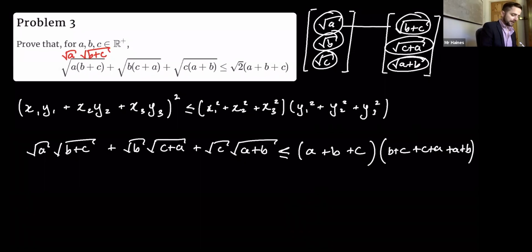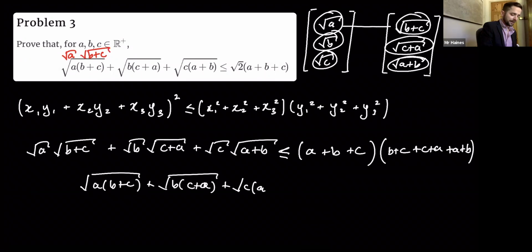Now we'll simplify the left side. We can put the roots together, so it's root A times B plus C, plus root B times C plus A, plus root C times A plus B. And on the right side, this is where it gets really nice. There's two B's, so that's 2B. There's two C's, so 2C.